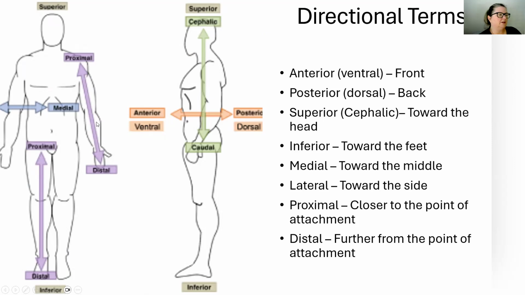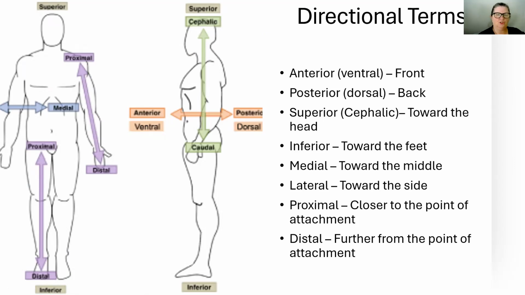Medial is towards the middle, while lateral is towards the side. Proximal is closer to the point of attachment or origin, while distal is further from the point of attachment or origin. Directional terms are a little tricky in that everything relates to something else, depending on what you are speaking of.